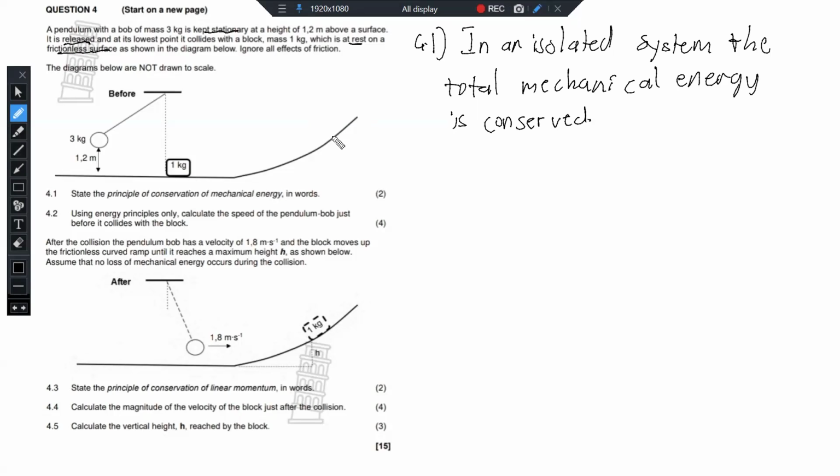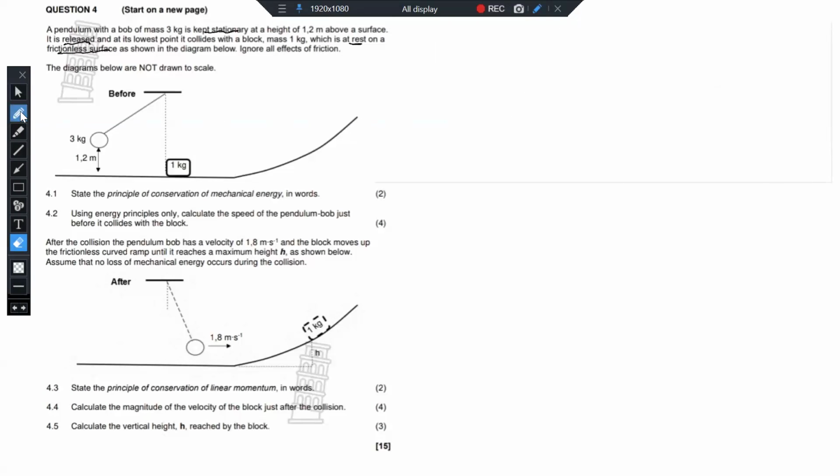And then 4.2 says using energy principles only, calculate the speed of the pendulum bob just before it collides with the block. So understand this. They said this is a frictionless surface. And then the one formula that we know we have to use whenever we are dealing with objects on a frictionless surface is obviously the principle of conservation of mechanical energy.